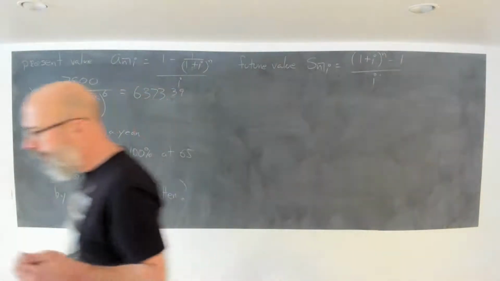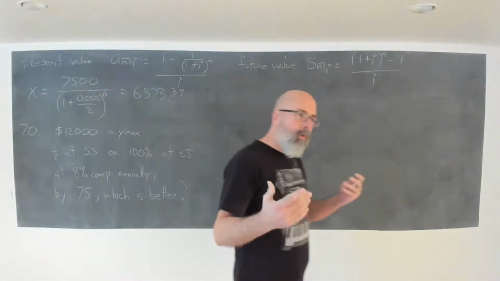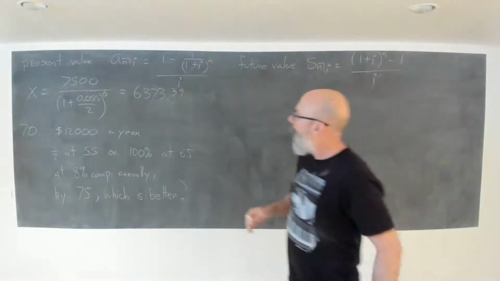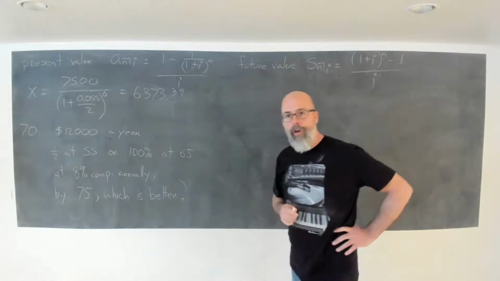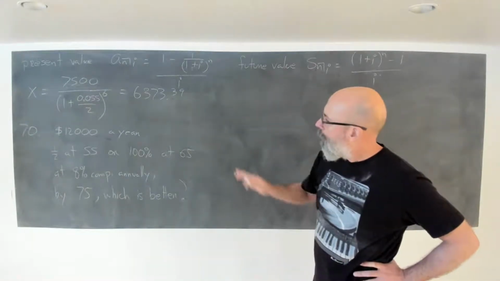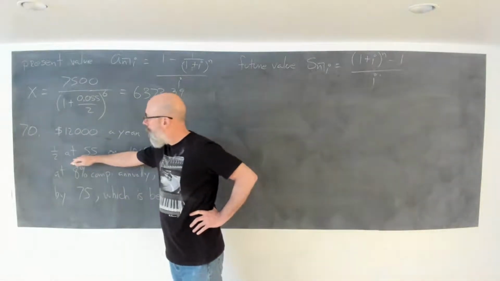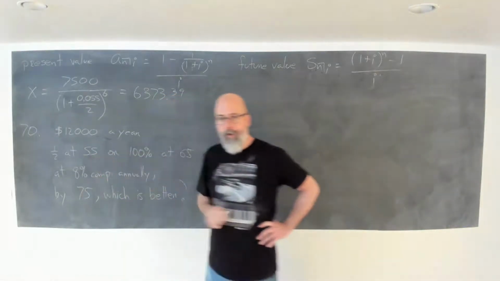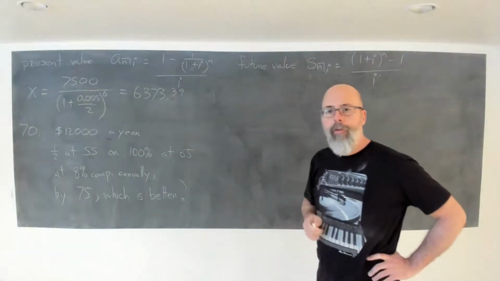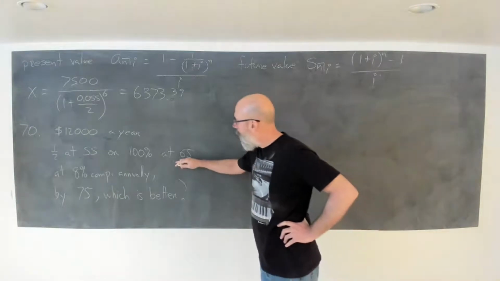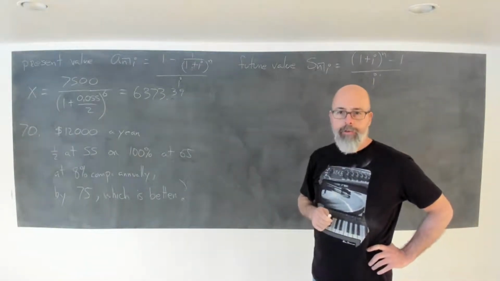There you have it, right? Everybody understood the issue. You have a pension which pays you $12,000 a year. You have two scenarios. Either you accept $6,000 a year, starting at age 55, or you wait until 65, in which case you can collect the whole $12,000 a year.